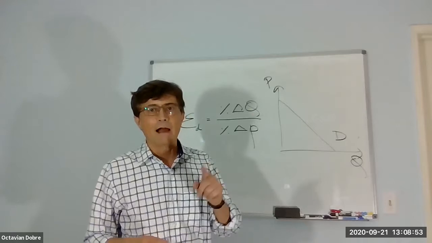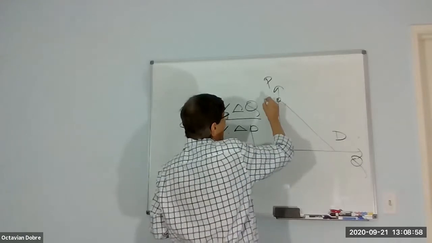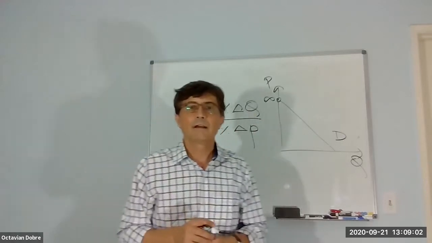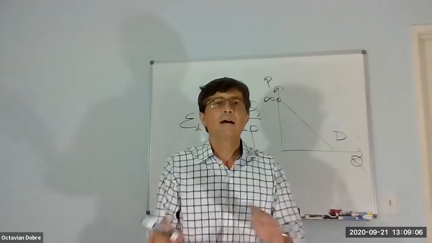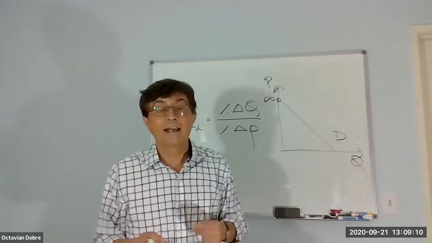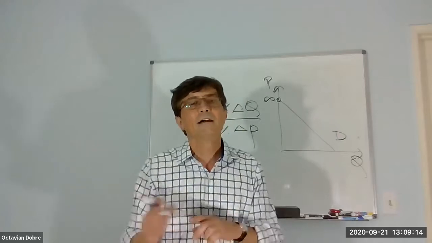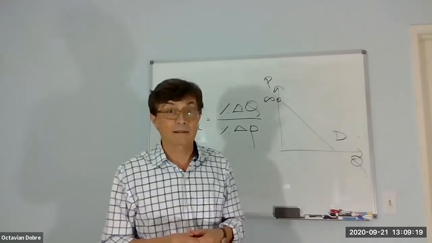And the values for elasticity will vary from here, where it's going to have an elasticity equal to infinity. It's actually minus infinity. But since all the values for elasticity are negative, we're just going to ignore the negative sign and just make them positive because we like to work better with positive numbers.